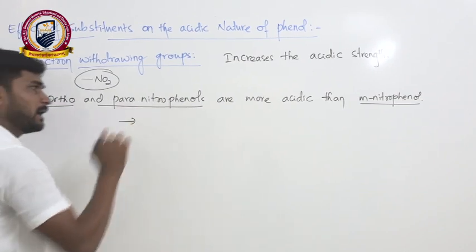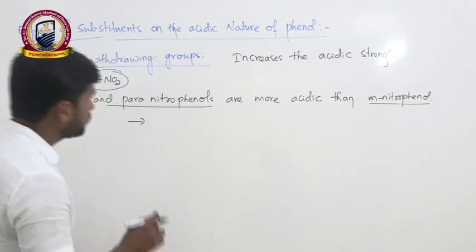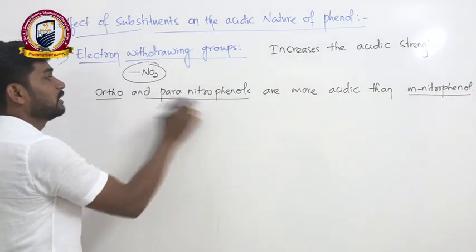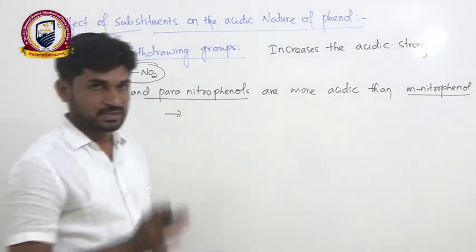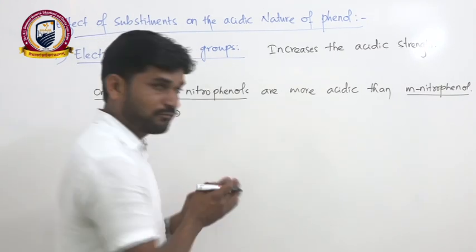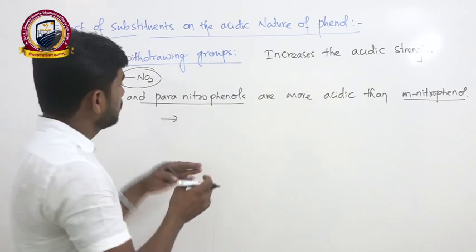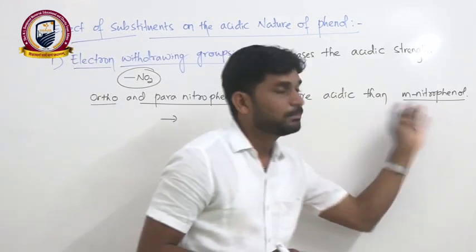So ortho and para nitrophenols are more acidic just because of the most effective delocalization of electrons in these two compounds. There is an effective delocalization of negative charge in the corresponding compound, which makes them more acidic than meta nitrophenol.